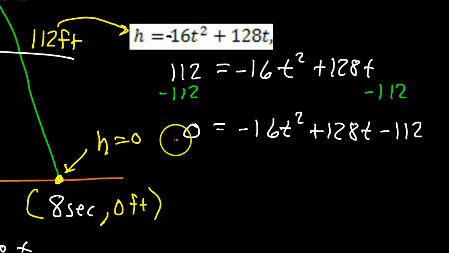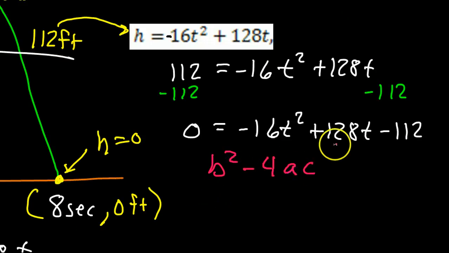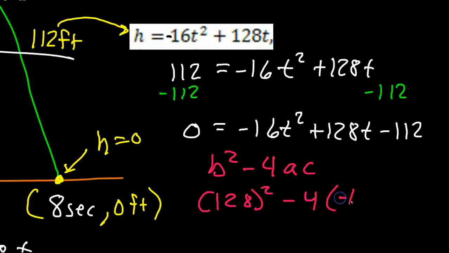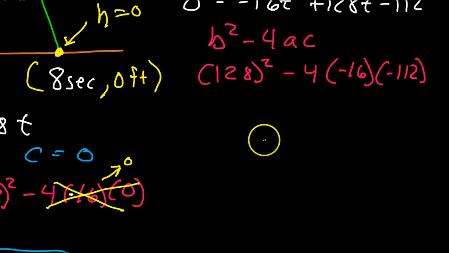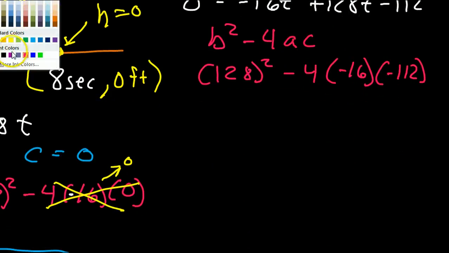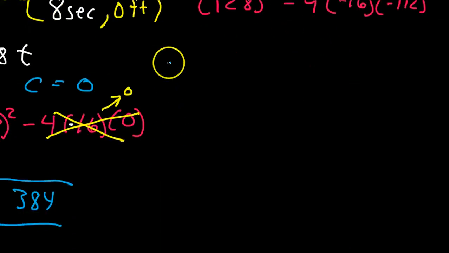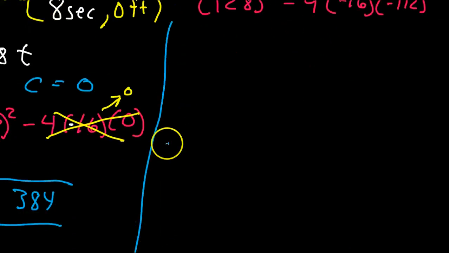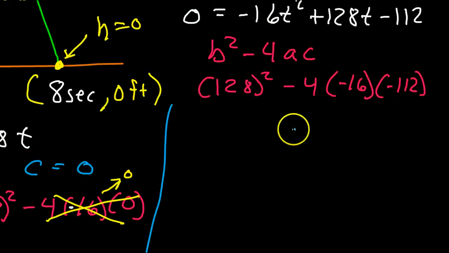So let's go ahead and do the discriminant. Alright, our b squared minus 4ac. So that's going to be 128 squared minus 4 times negative 16 times negative 112. Let's just put a line between this. Alright, so let's calculate our discriminant.